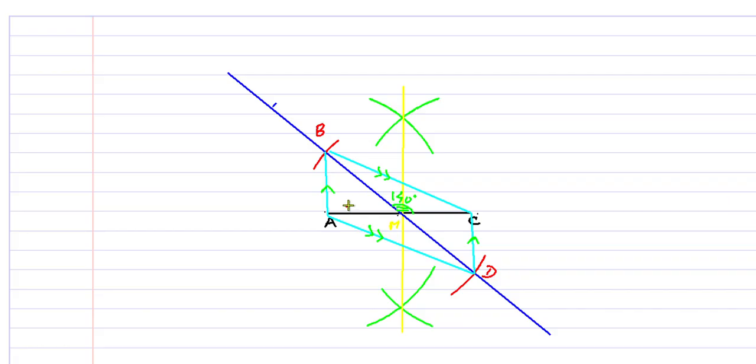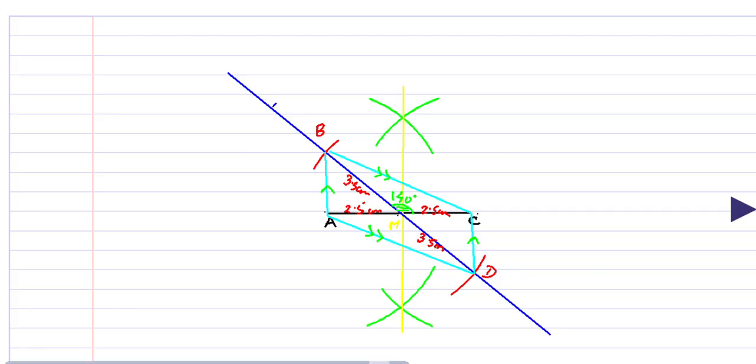This is 2.5 centimeters AM, and CM is also 2.5. BM is 3.5 and MD is 3.5. You can all have a look, and I hope you have also been able to create a very similar neat diagram. Okay.